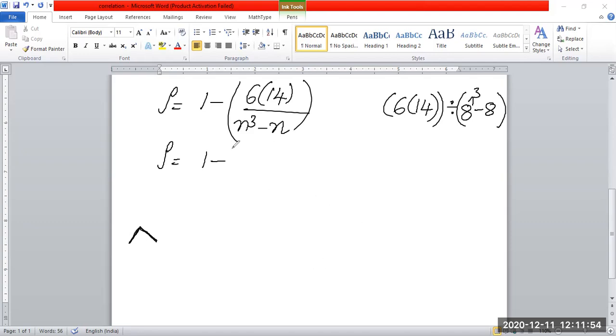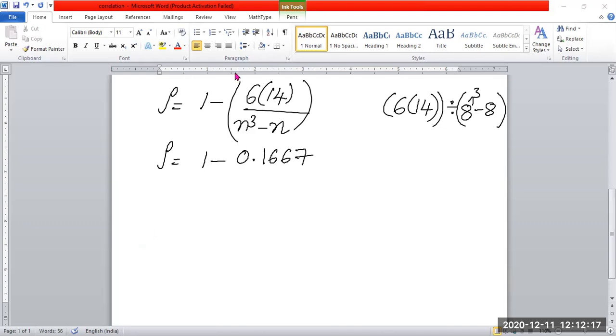So what will be the answer? I repeat once again, open bracket, 6, open bracket, 14, close bracket, again close bracket, divided by, open bracket, 8, press this at button, cube minus 8, close bracket. I got answer 0.1667.